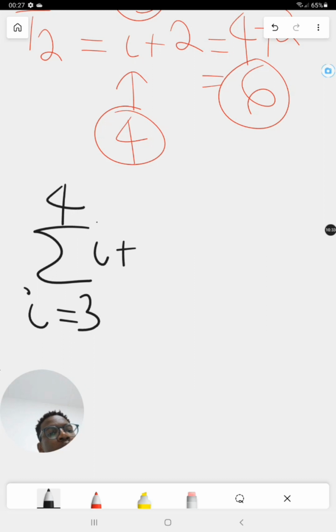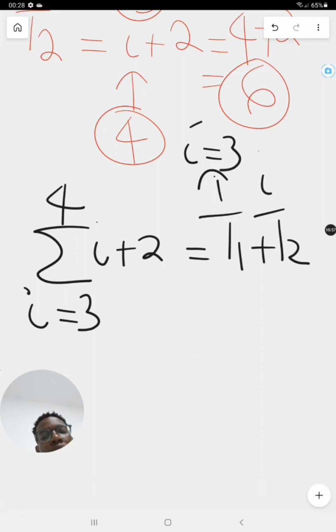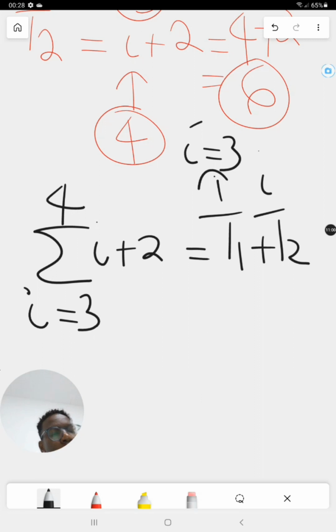So this is equal to T1 plus T2, where T1 is when i is equal to 3, and T2 is when i is equal to 4. So T1 plus T2.